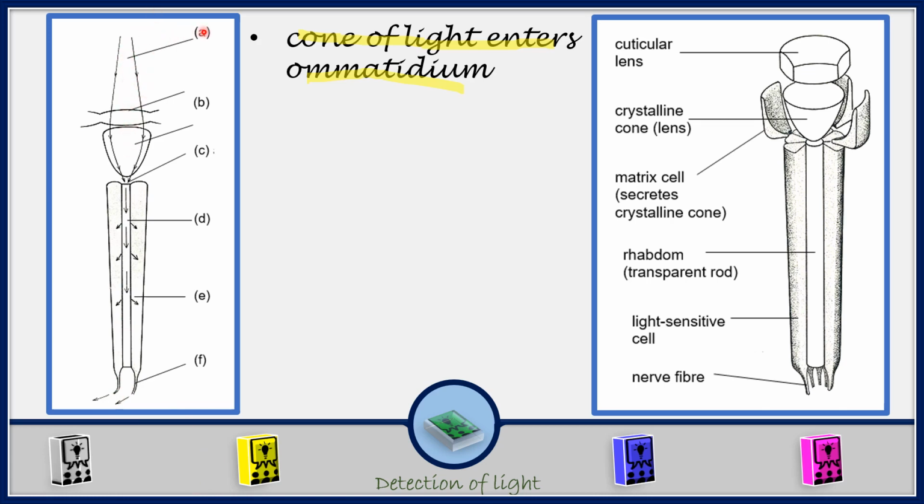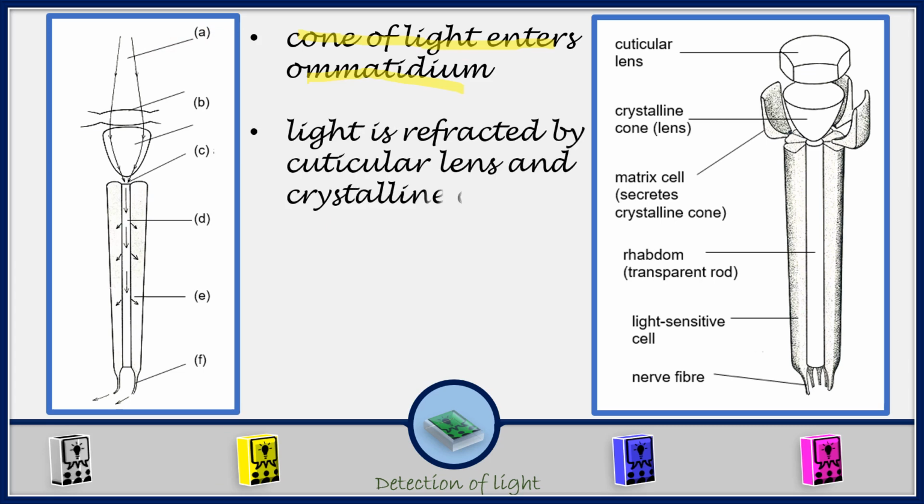So at part A here, we are seeing the cone of light entering into the ommatidium. Then at part B, the light is refracted by the cuticular lens and the crystalline cone.